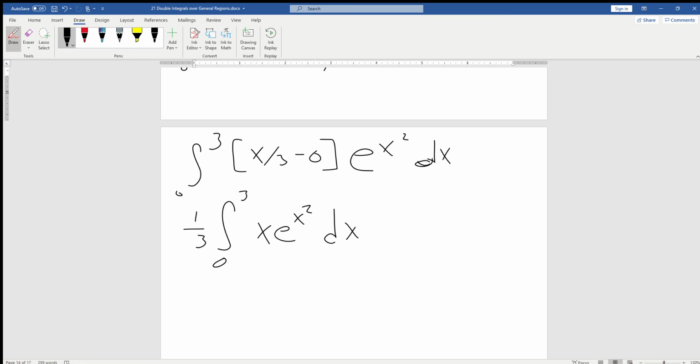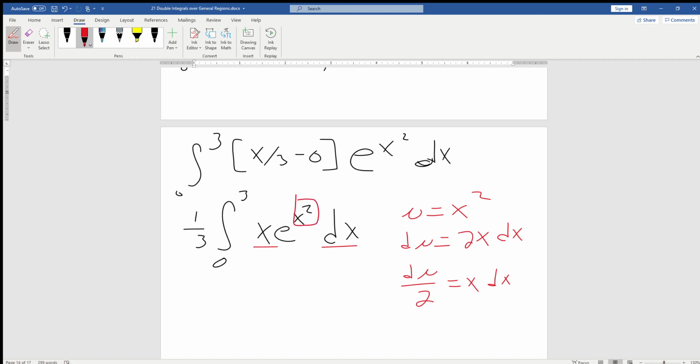Now this is evaluable. This is a clear u substitution problem where u is going to be equal to the composite function x squared. So we're going to say u is equal to x squared. du is 2x dx, which is good, but we just don't want 2x dx, we want x dx. So what we're going to do is divide both sides by 2 to get that x dx. Now wherever we see x dx, we're going to replace that with du over 2.